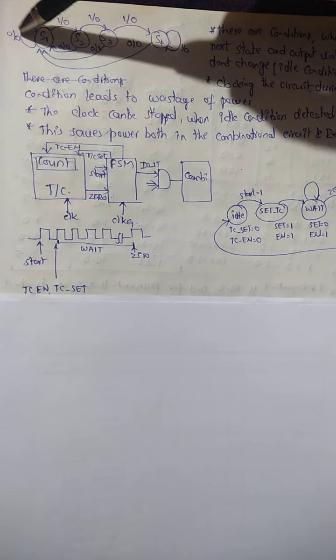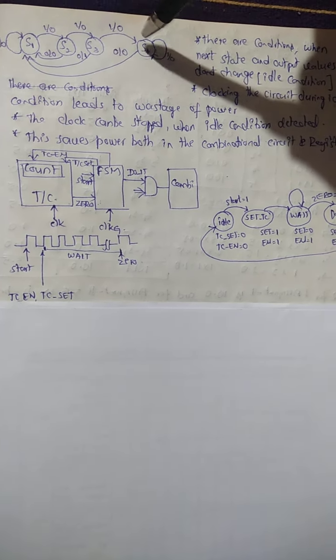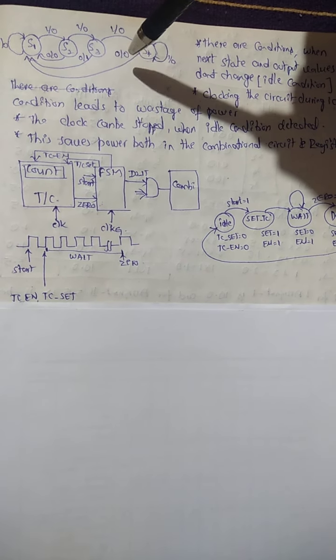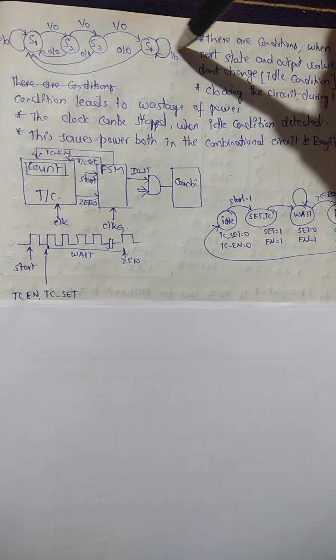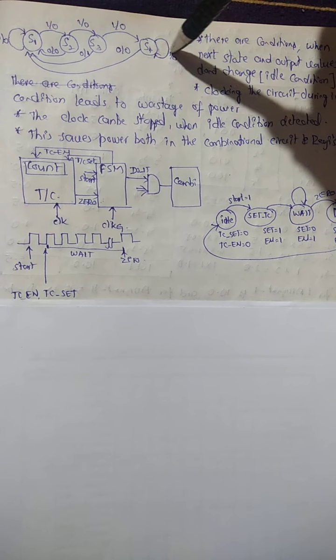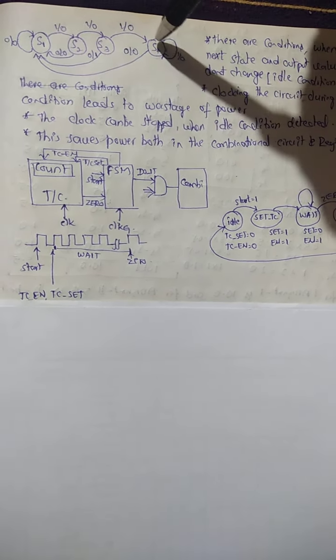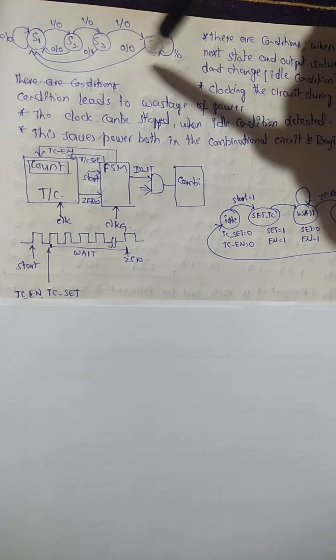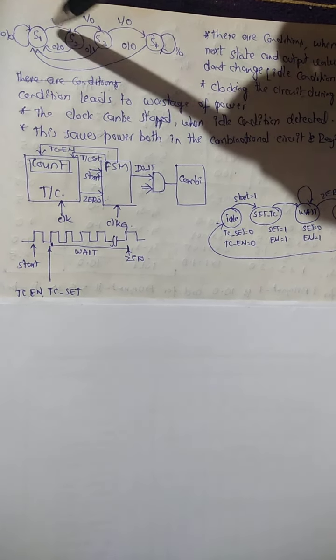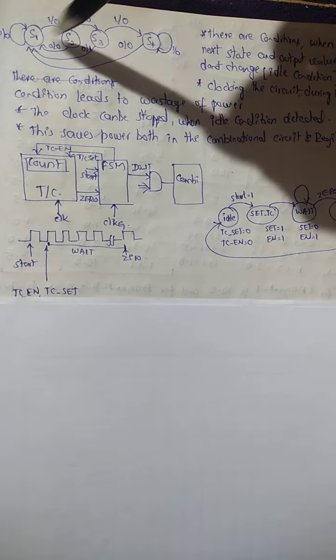In the same way, in case of S4, the input is 1 and as long as it stays there, the output is 0. So both S1 and S4 are in idle condition.